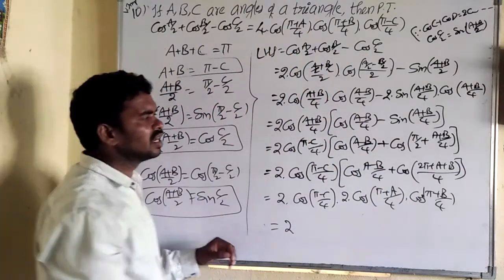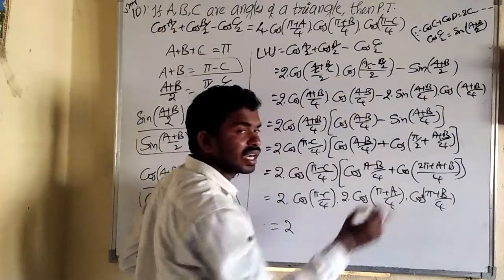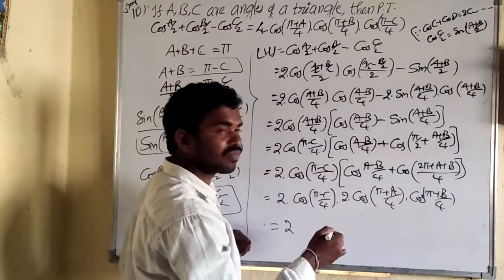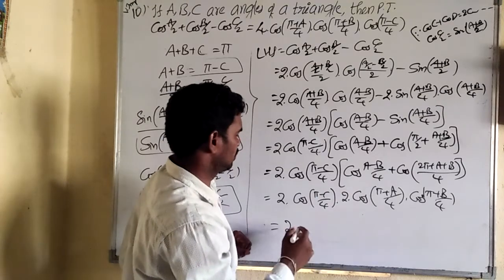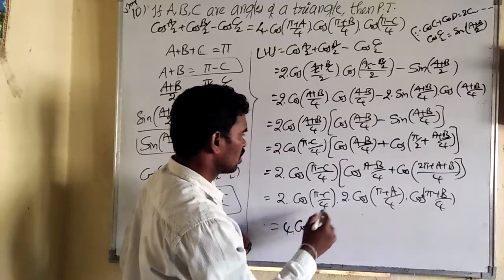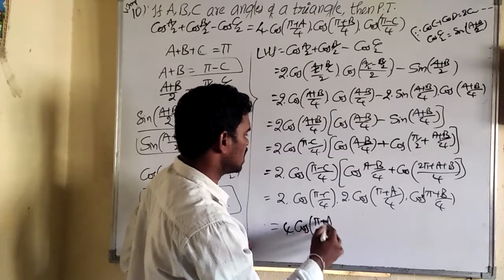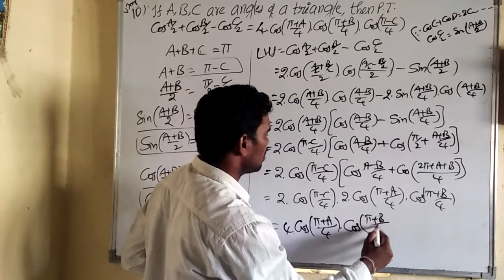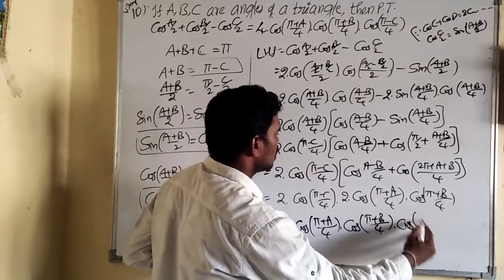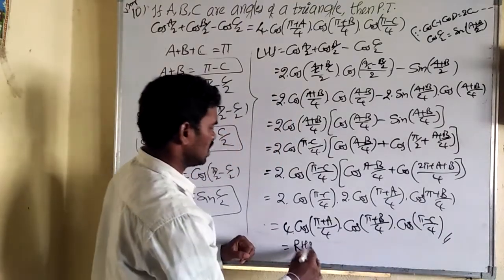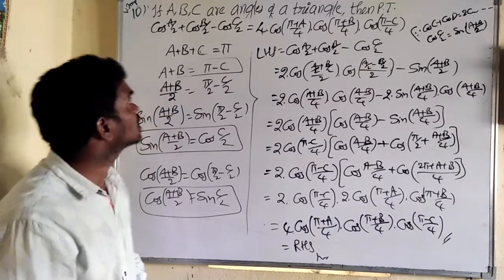In two ways I am explaining why we are writing it and how we are writing it. So 2 into 2 becomes 4 cos (π+A)/4 into cos (π+B)/4 into cos (π-C)/4. This is the RHS, hence proved. So let us see the next problems.